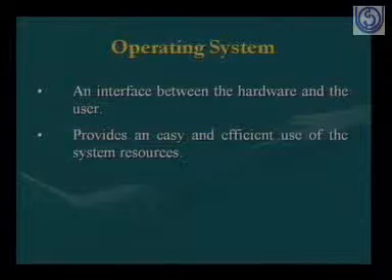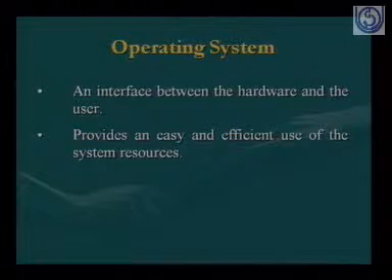So far we have talked about computer basics, input devices, output devices, and communication devices also. Now it is very important that we know about the operating system. Why do we need an operating system? Actually, the operating system is an interface between the hardware and the user. This makes the hardware use the application packages, so the platform has to be decided on which operating system this will work.